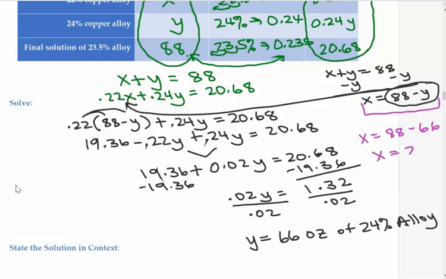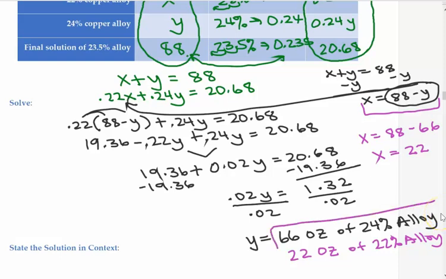And so X equals 22. So 22 what? Ounces of the 22% alloy. Okay, so those would be my lovely answers there.